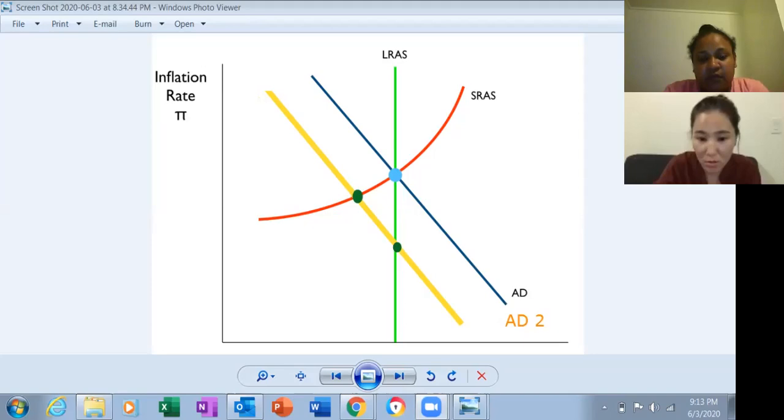Okay, so I would name these two E1, and then this one is E2.